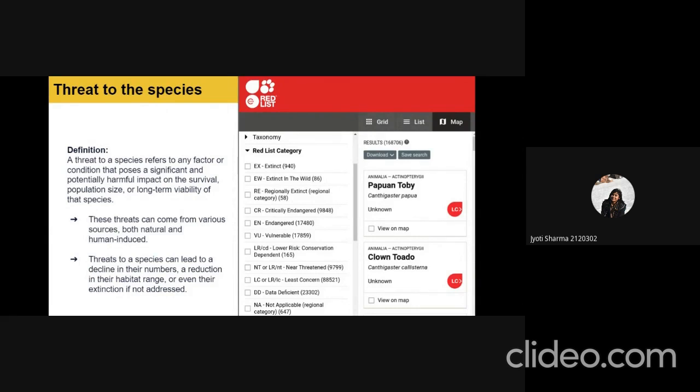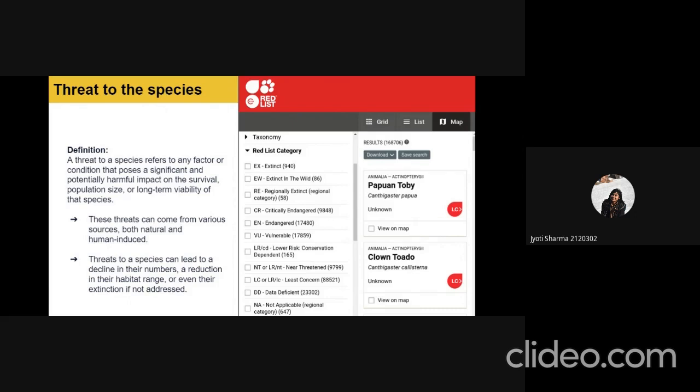So this is the range, like we start from least concern, where the species is safe, so we don't need to conserve it. So this is least concern. Then near threatened means something is happening with the species, like some property or some parameter of the species is being distorted. So we somewhat have to care about that species.